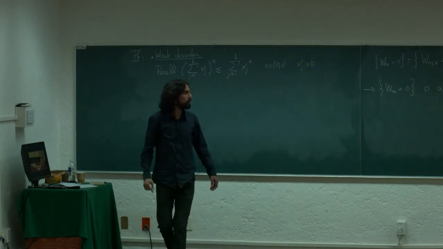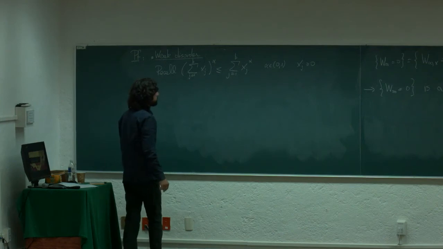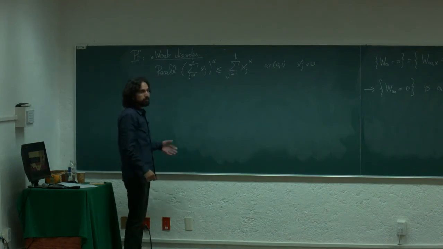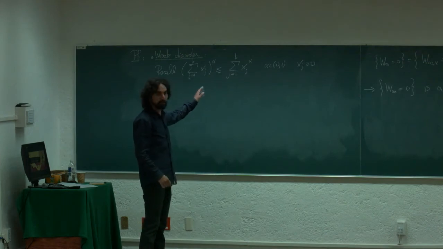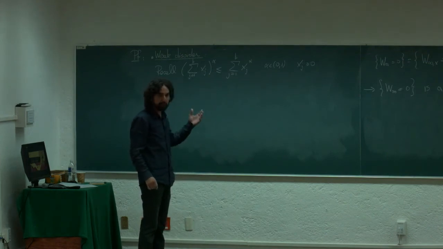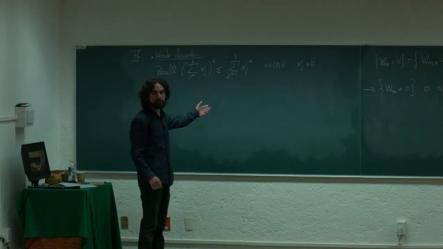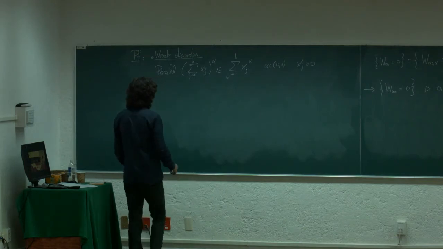That's just concavity of the function x to the alpha. This is very useful in polymers. Believe it or not, this simple inequality is the basis of the fractional moment method that I mentioned before. But unfortunately, here we would love to have a reverse inequality. And it turns out there is one.